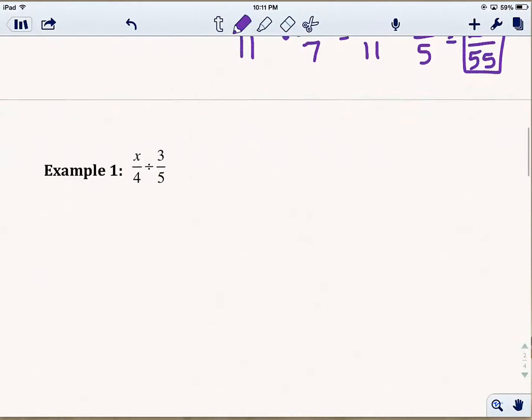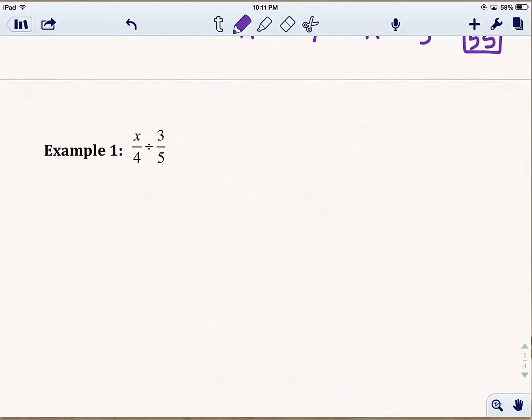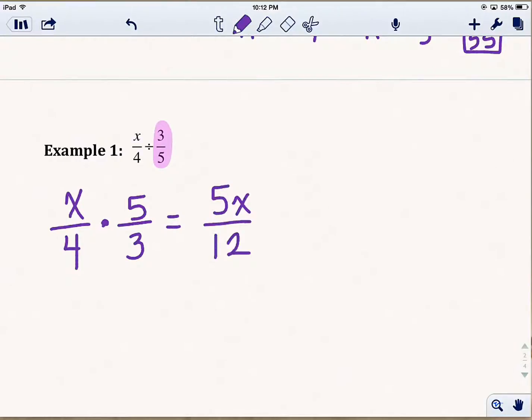So let's try an example. X divided by 4 divided by 3/5. So we're going to start off with our x fourths, and instead of divided by 3/5, we're going to multiply by the reciprocal 5/3. So notice that we flipped the right one, not the wrong one. So flip the right one, and we end up with 5x divided by 12, because x times 5 is 5x, and 4 times 3 is 12.